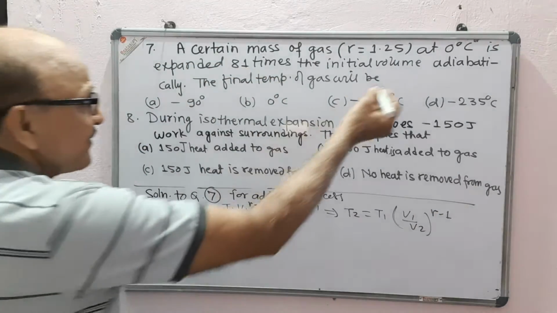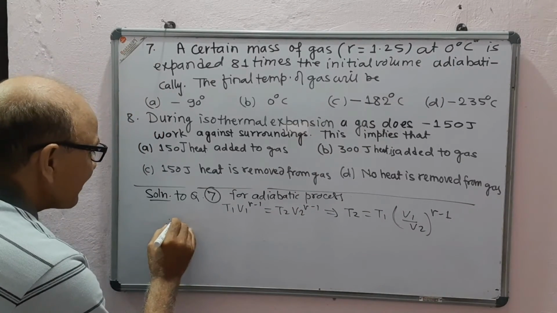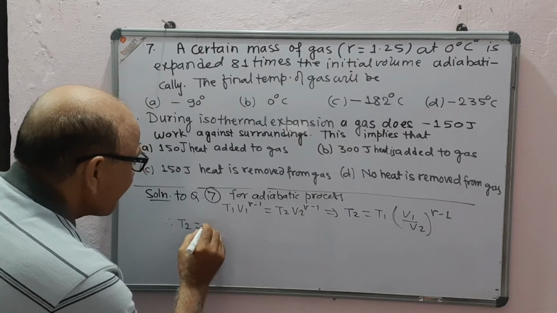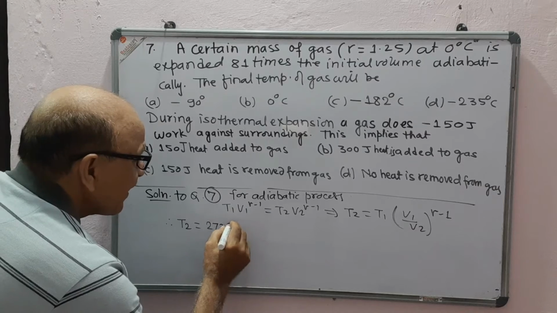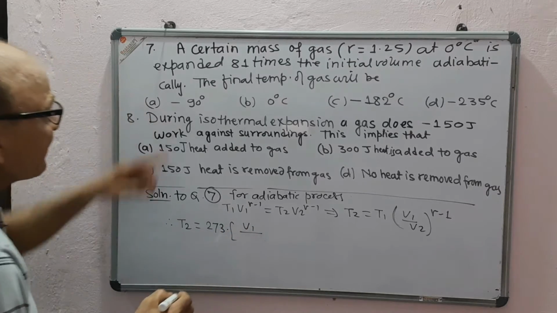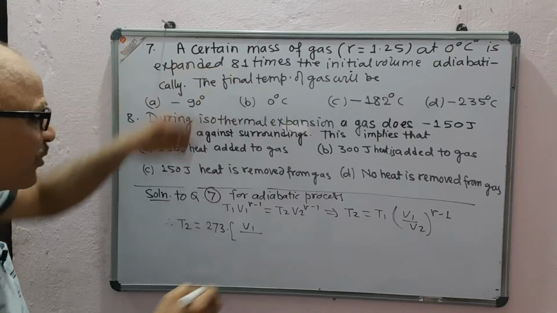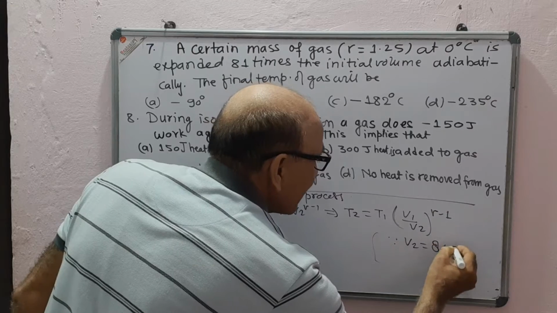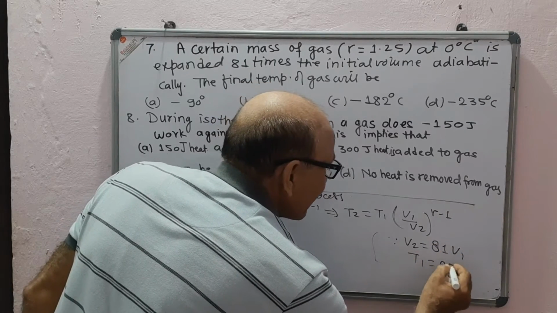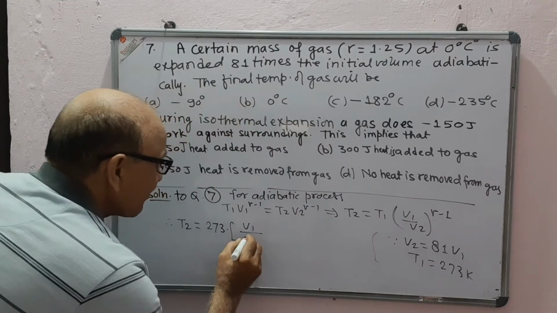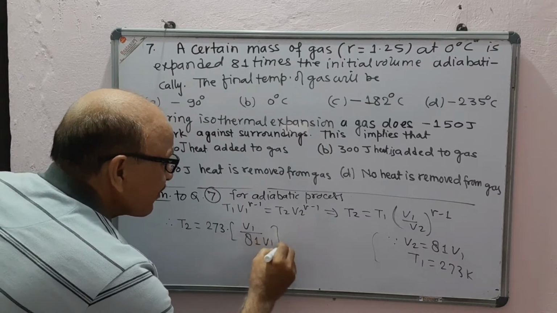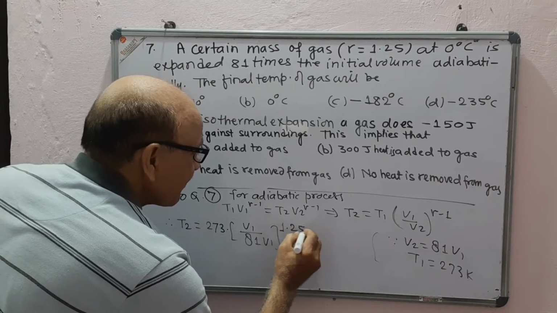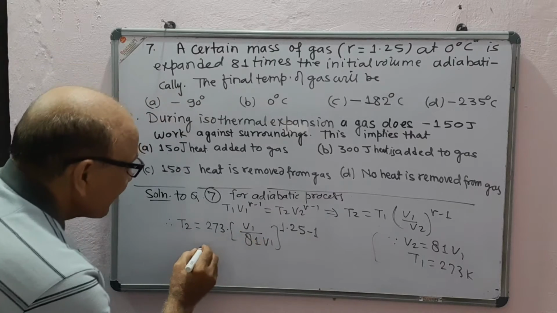Now T1 is 0 degree Celsius, which means T1 is 273 Kelvin. V1 upon V2, where V2 is 81 V1, so V1 upon 81 V1 to the power gamma minus 1, gamma is 1.25 minus 1, V1 cancels.